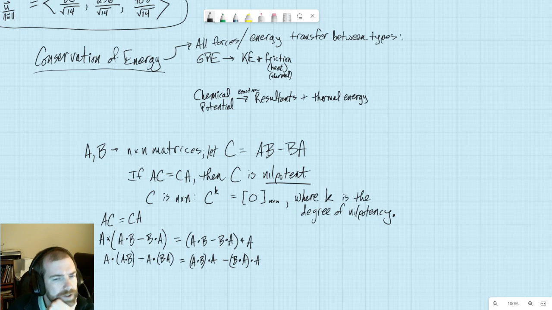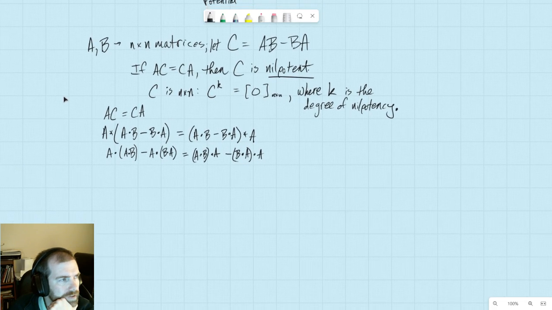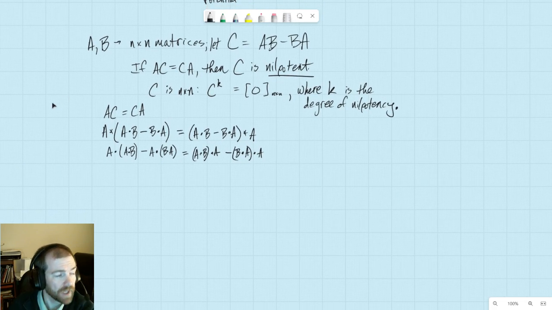Okay. So, like, I don't necessarily know where to go from here, but if this is true, this also means we might be able to say this if we swap these two here.